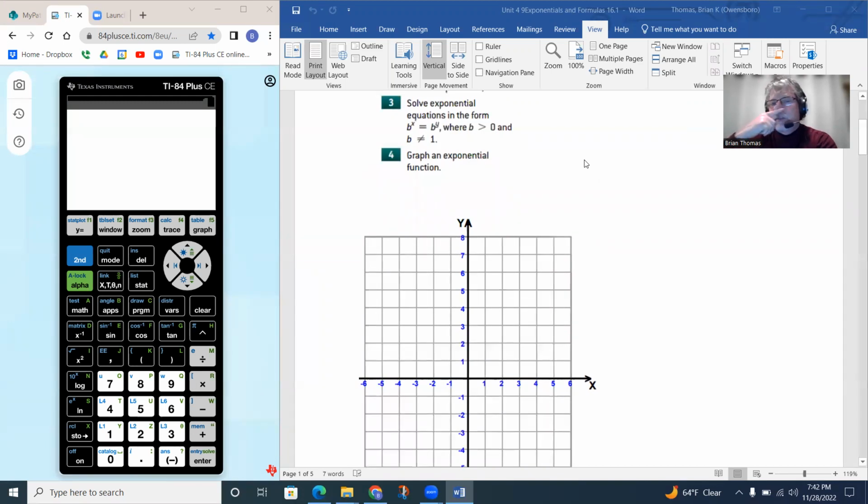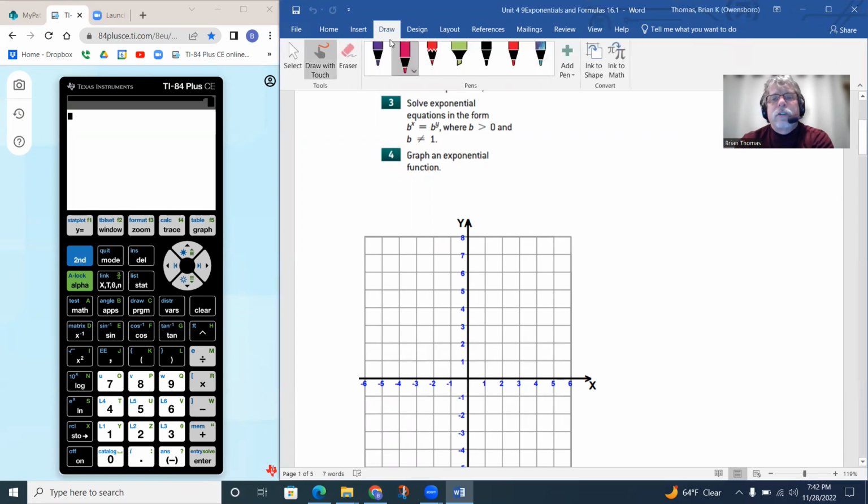When it comes to an exponential function, remember how we did function notation? If we have f of x equals 2x, notice this is a degree 1 equation. If you want to make a table of this, we use -1, 0, and 1.